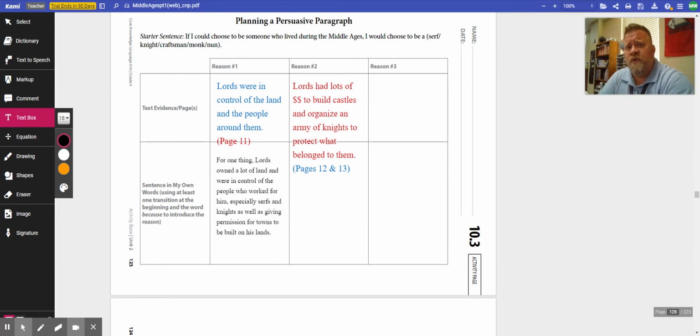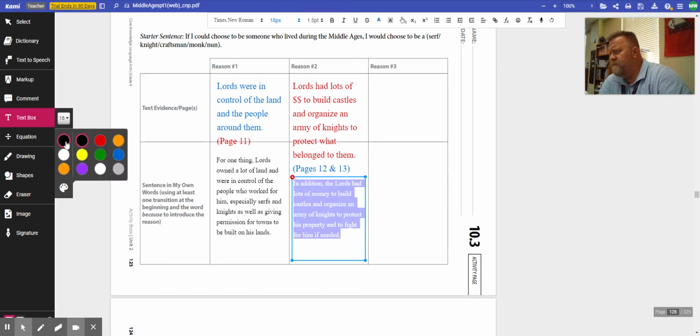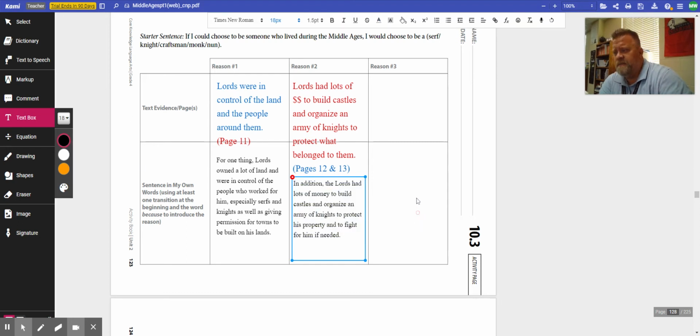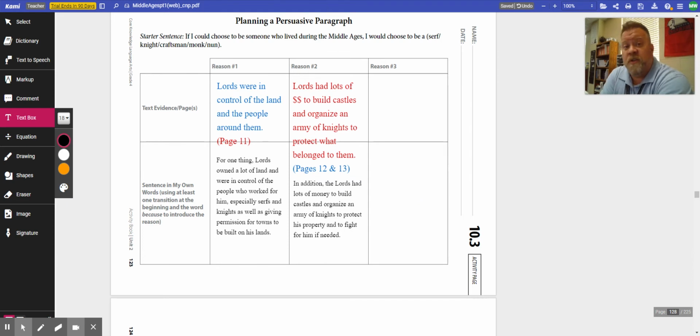Okay, now let's go to reasoning 2, where I put the lords had lots of money, build castles, organize an army. Let's see what I put there, ladies and gentlemen. Let me highlight all that and put it in black so you can see it. Now, I started with the transition word, in addition. Great transitions. This is what you want to look for.